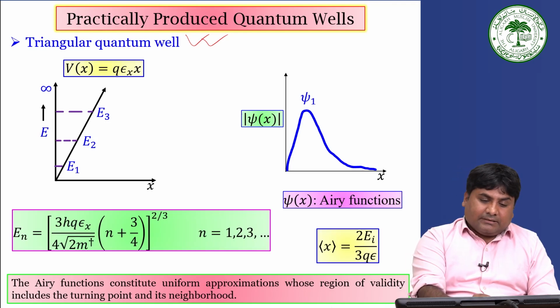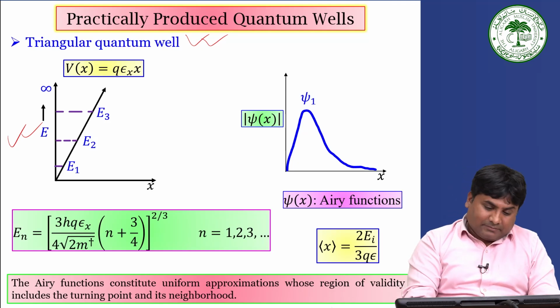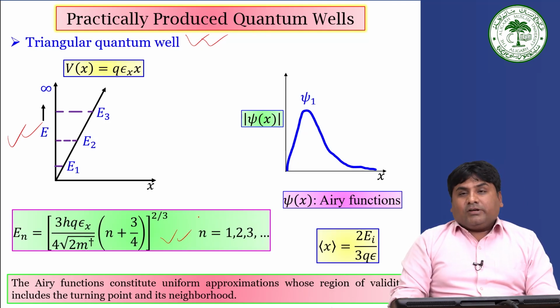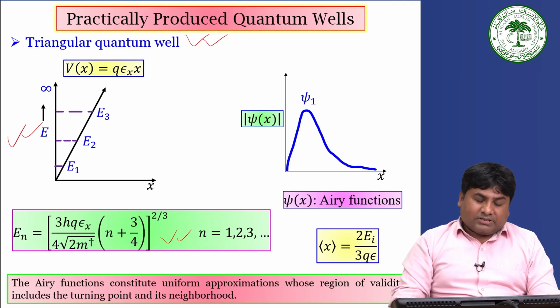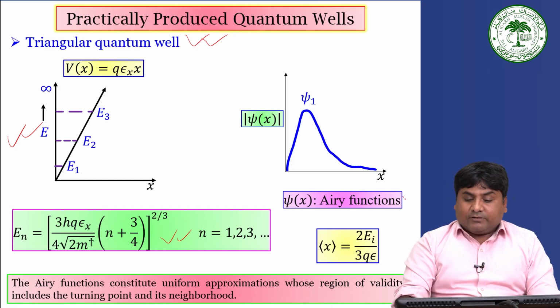The discrete energy levels are given in this figure. This shows the discrete energy levels of the practically produced quantum wells, and the energy level is given by this equation. When you solve this problem, you will get the wave function, and the type of wave function is given here. It is somewhat similar, and it also penetrates outside the length of these quantum wells.